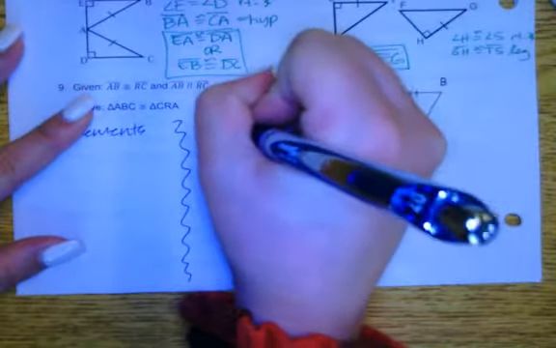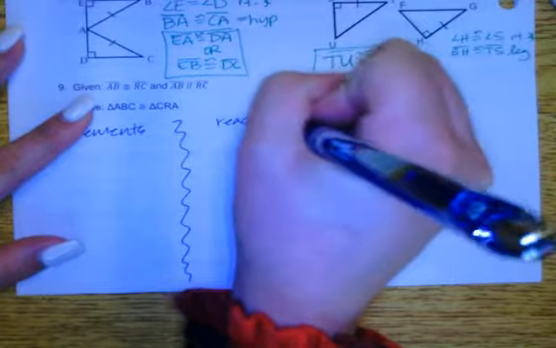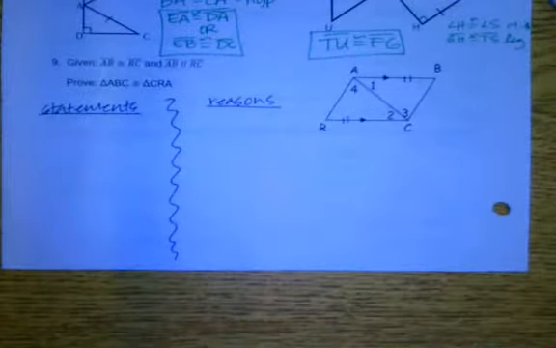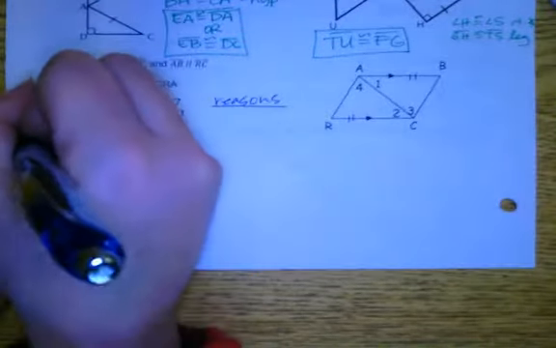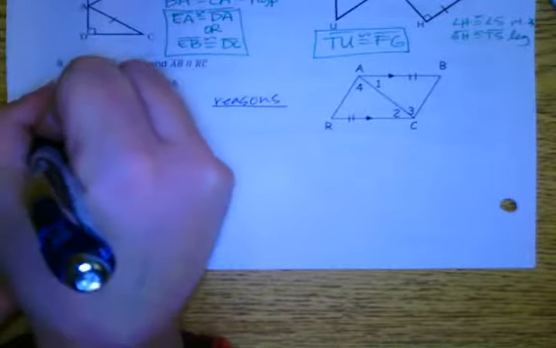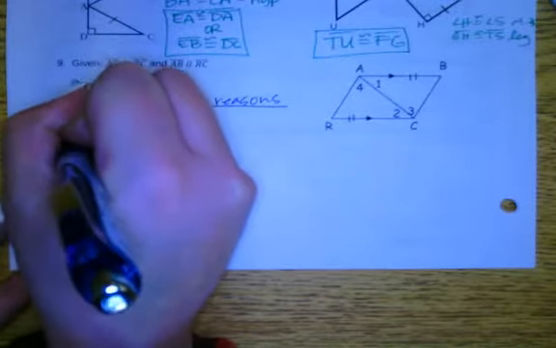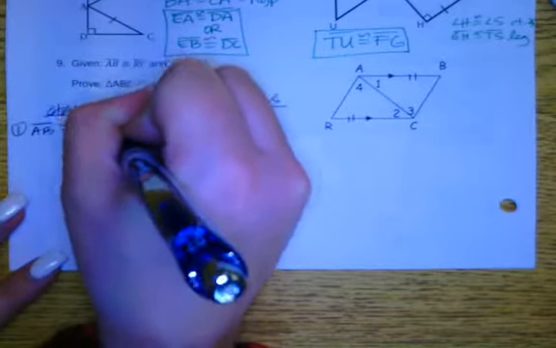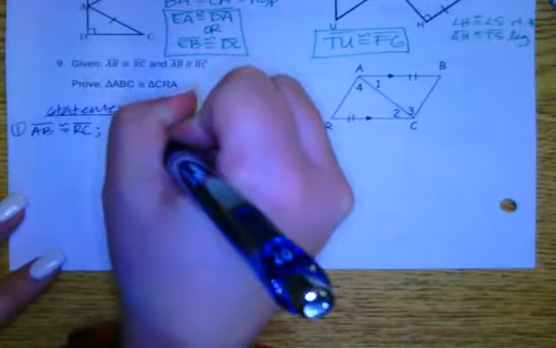Alright. What's going first? Given. So AB, guys, regroup. AB is congruent to RC, and AB is parallel to RC. So they're congruent and they're parallel, and it's already marked for you. What nice people.